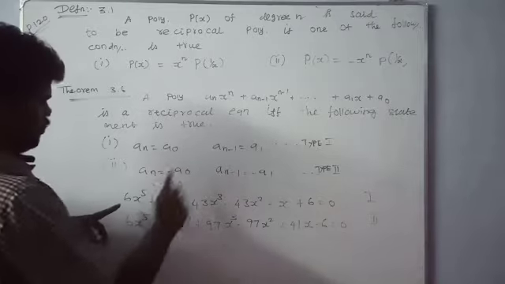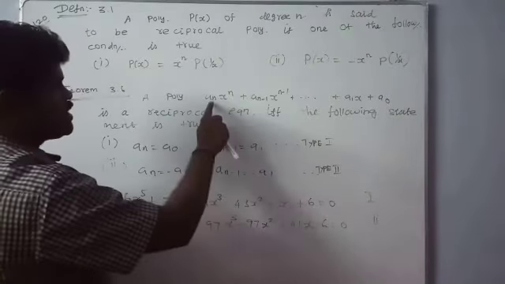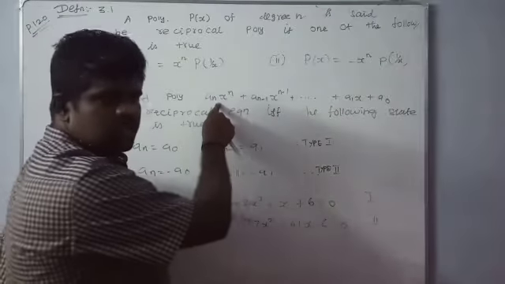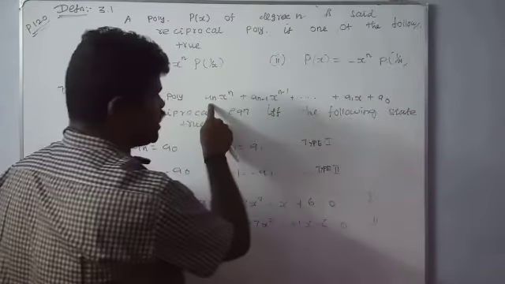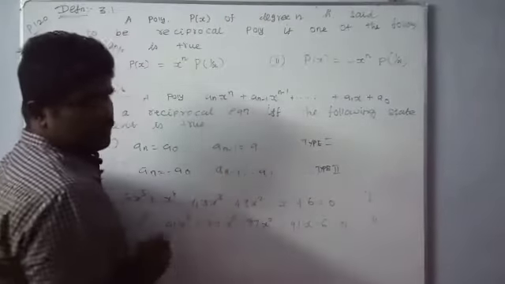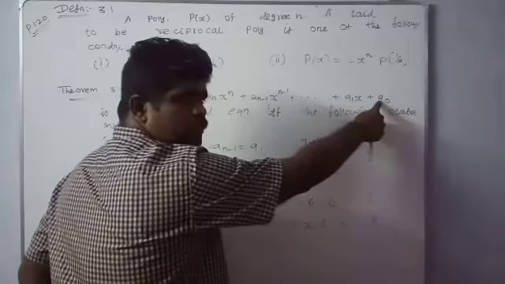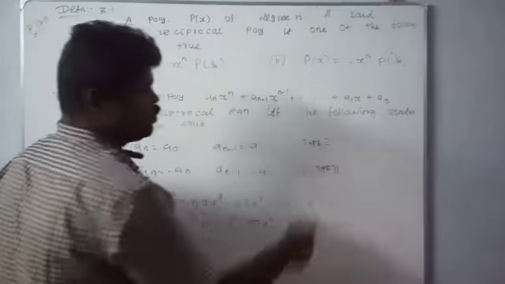There are two types. The first and the last value, the leading coefficient and the constant, are the same. This is type 1. And the first and the last value are the same but with opposite sign is type 2.